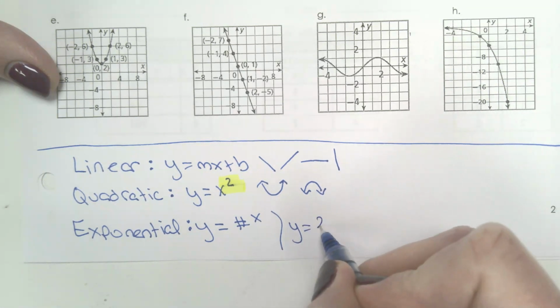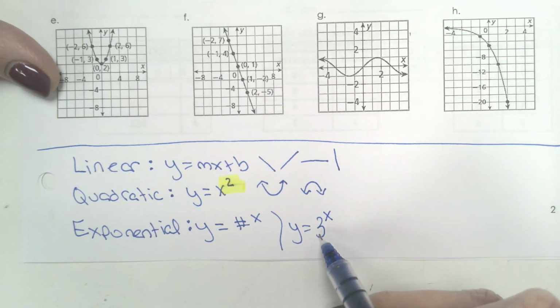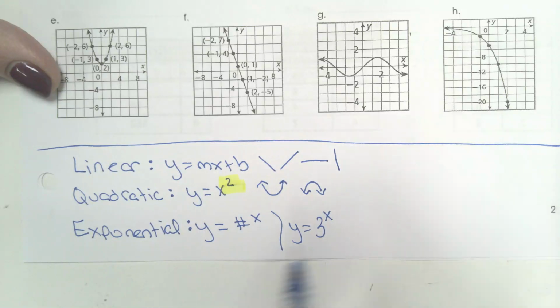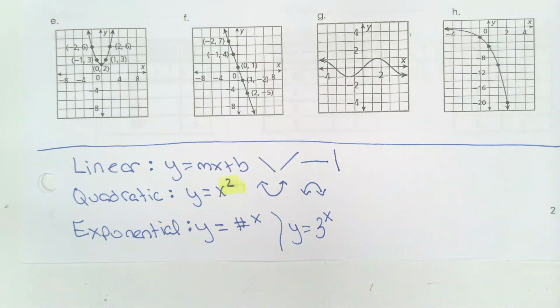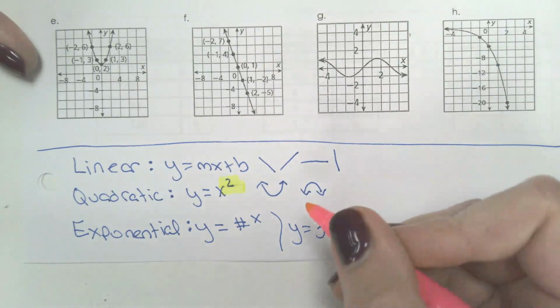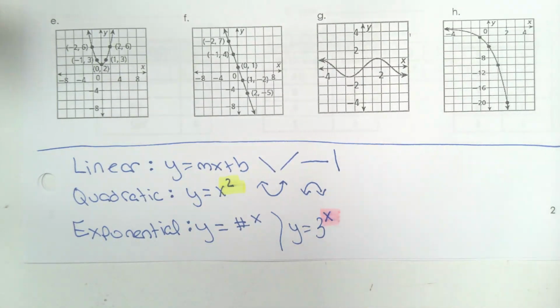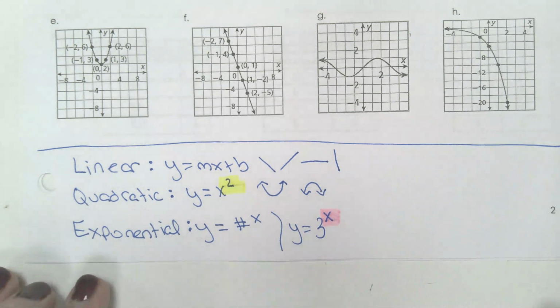It could be y equals 3 to the x. That 3 could be a 2. It could be a 4. So that's what's kind of weird and different about an exponential function is that this base could be anything. But you can tell that something is an exponential because your variable is the thing that is in the exponent location.